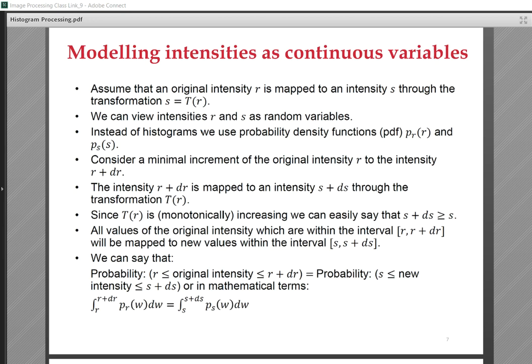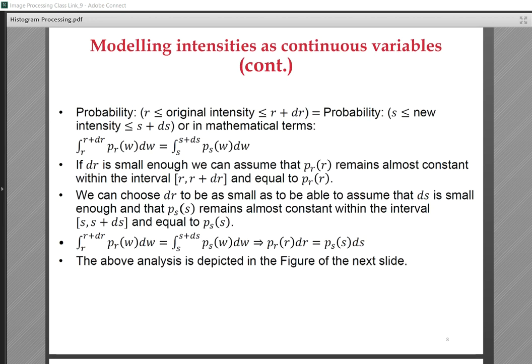We can say that the probability of original intensities between R and R plus dR is equal to the probability of new image intensities between S and S plus dS. Or in mathematical terms, the integral of P_R(w) dw, where P_R is for the original image.